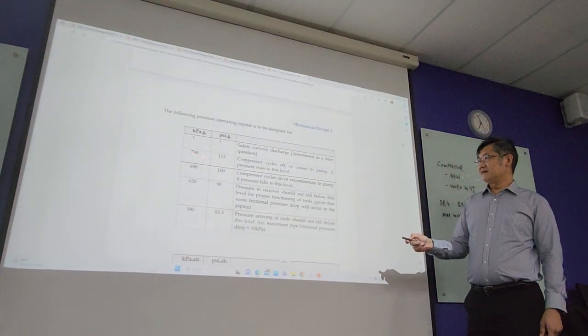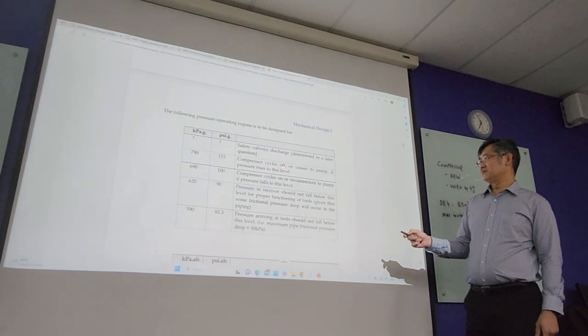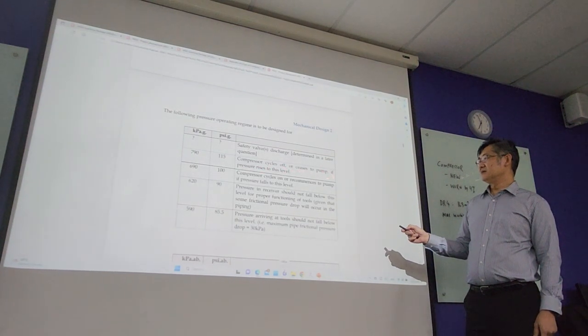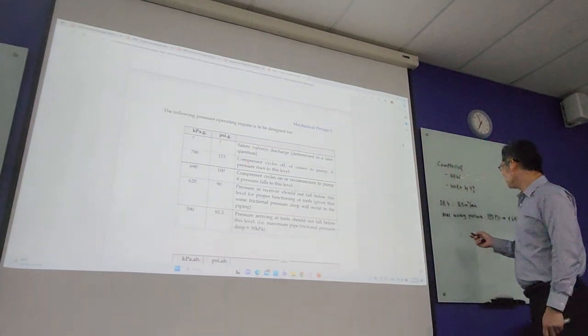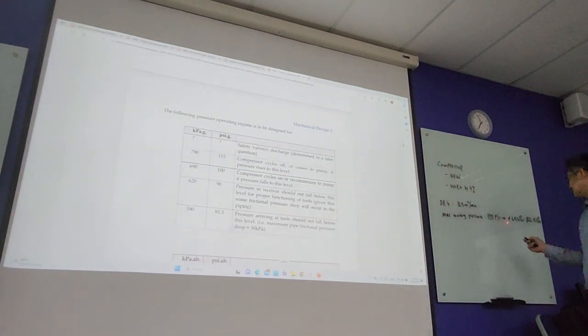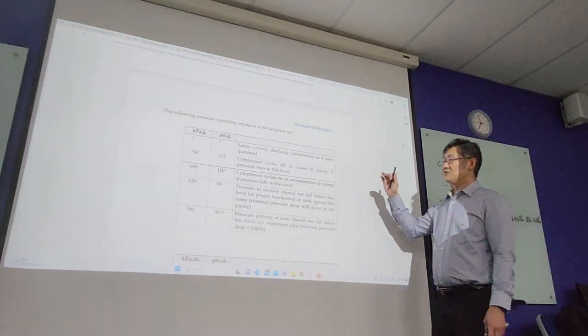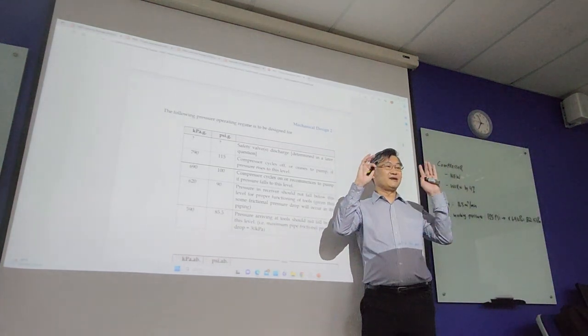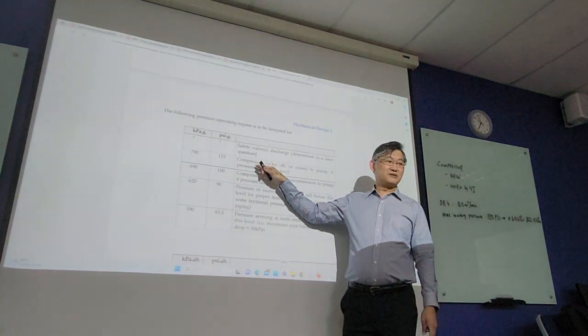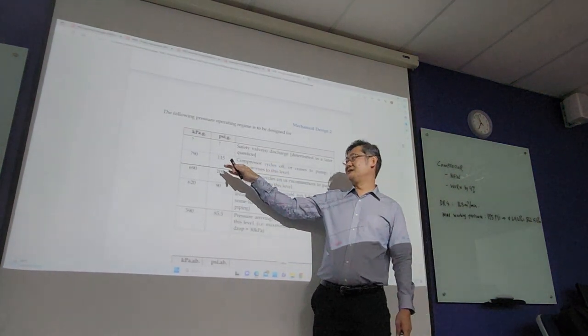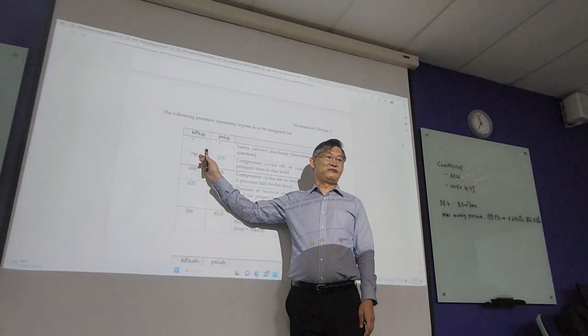This one is 790 kPa, right? Compressor cycles off or ceases to pump if pressure rises to this level. But our maximum working pressure for our compressor is 862.5 kilopascal. But for safety reasons, the compressor will stop pumping air at 790 kPa.